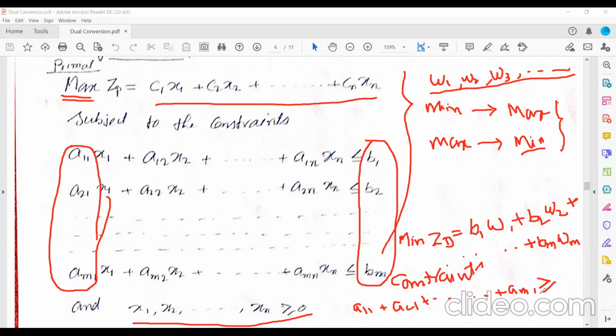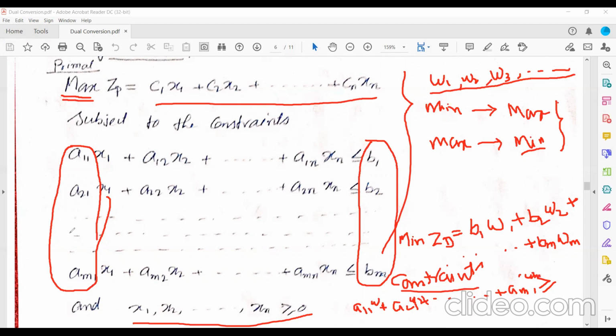So again I am repeating: how do you write the objective function? The objective function is written using the constant vector. Then you need to write the constraints. Using one column, you need to write the constraint, with W1, then W2, then WM.